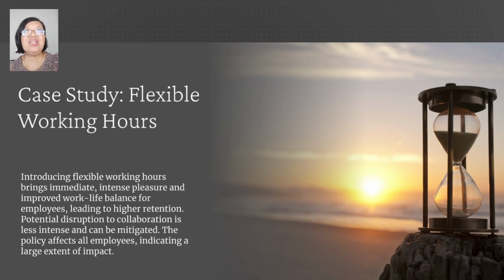So potential disruption to collaboration is less intense and can be mitigated. So the policy affects all employees, indicating a large extent of impact. So we apply all the 7 dimensions of the hedonic calculus in the cases. I hope that you can do so in the exercise that will be given to you.